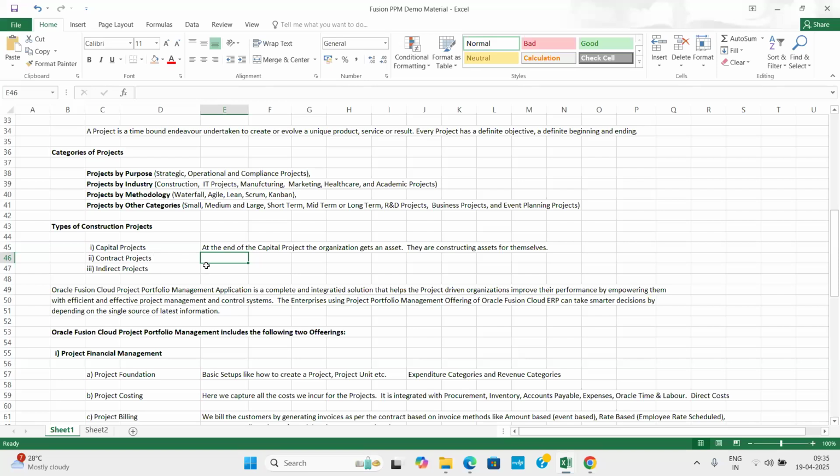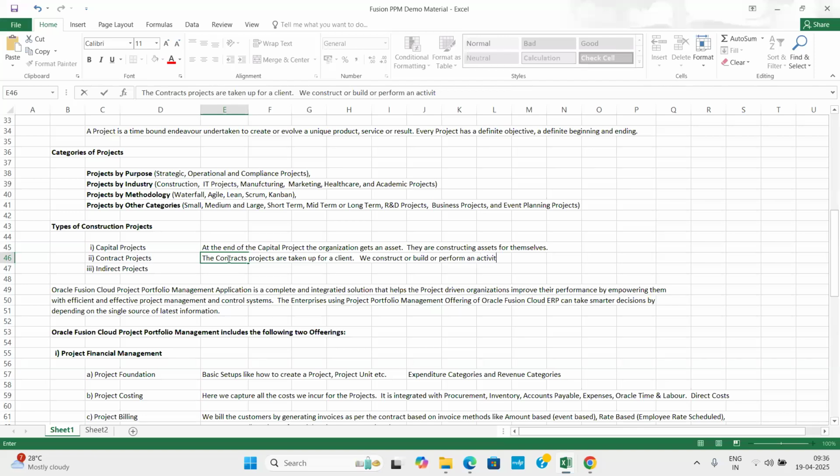Now contract projects, on the other hand, are taken up for a client. We construct an asset, or build, or perform an activity, and bill a customer.